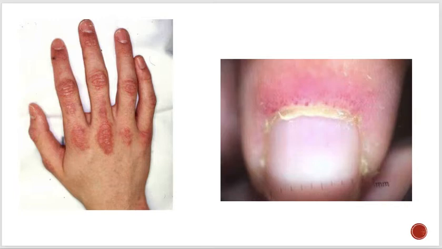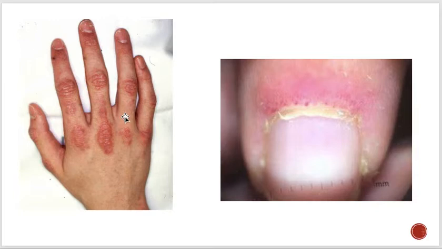A papule is something which we can feel, we can palpate. These are pinkish, flat-topped papules present on the dorsal surface of interphalangeal joints. And Gottron sign is when they have smooth or scaly patches over the MCPs and IPs. Elbows and knees can also be involved.